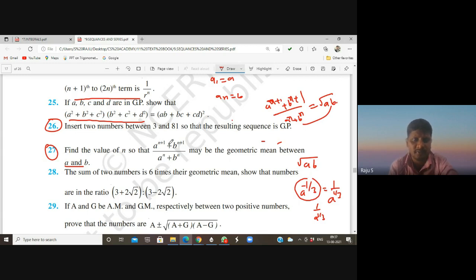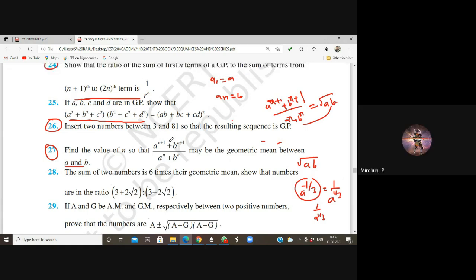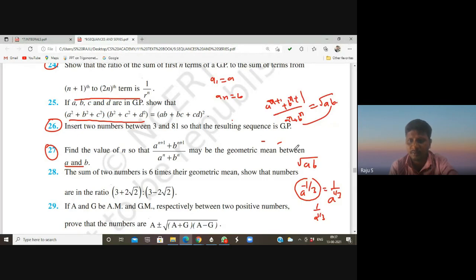While simplifying, you may get a power minus 1 by 3 like that. Sir, if we take n equal to 1 by 3, we are getting like that only. Sometimes we may get fractions. So what is that fraction? Is n equal to minus 1 by 3 the answer? Then check it here. When you substitute n equal to minus 1 by 3, are you going to get root AB?